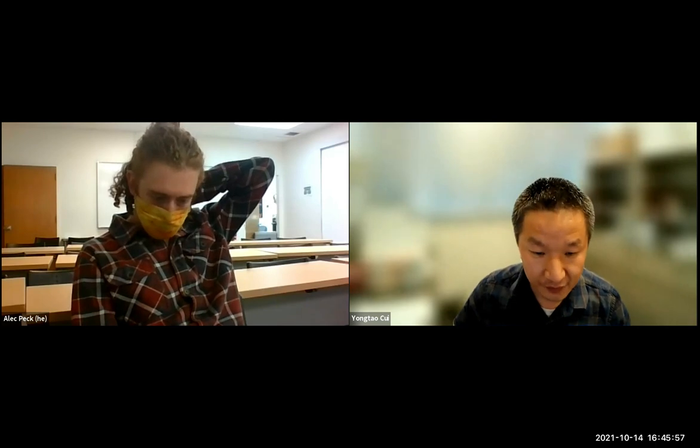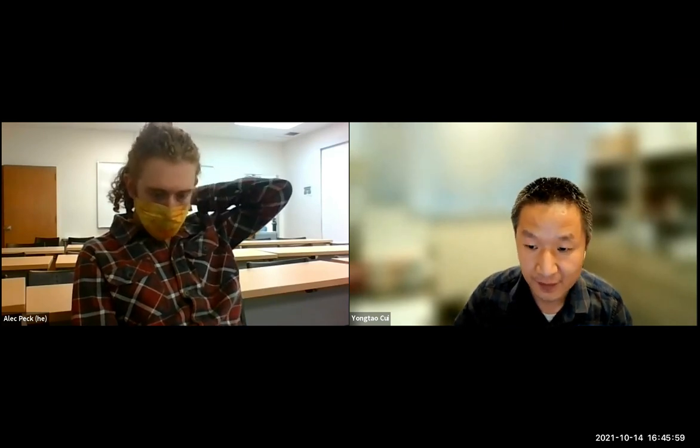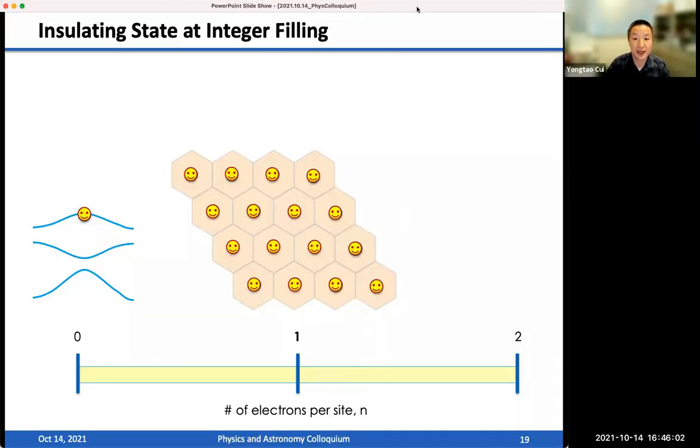So basically, in this half-filled case, there have been experiments showing that there's a magnetic order. Although some people say it's an antiferromagnet, it may also be a ferromagnet. So I think that has been experimentally reported.